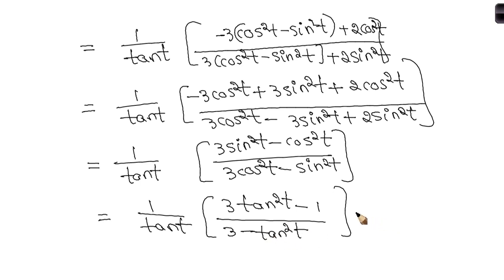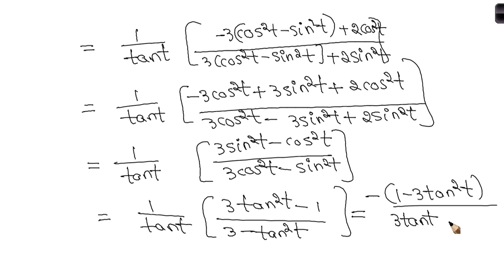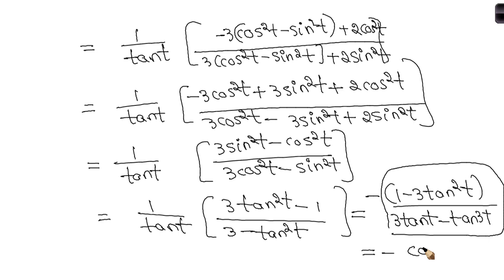So that is equal to minus of 1 minus 3 tan square t upon 3 tan t minus tan cube t. This entire thing is 1 by tan 3t. 1 by tan 3t is the same as minus cot 3t.